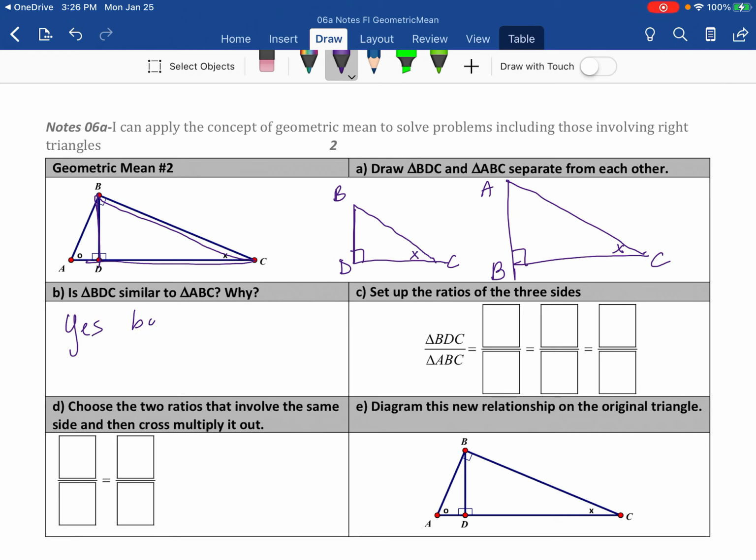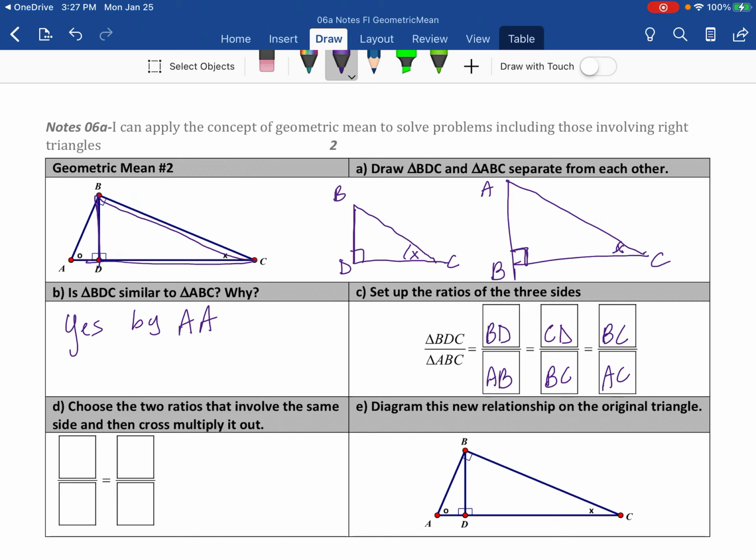I'm going to say yes by angle, angle, because these angles are congruent and they both have the right angles. I know BD over AB is equal to CD over BC, which is equal to BC over AC.